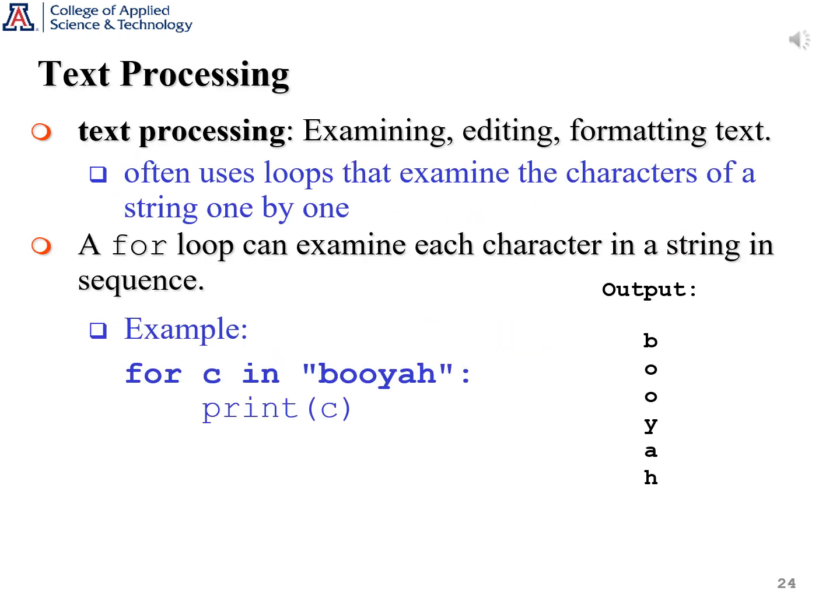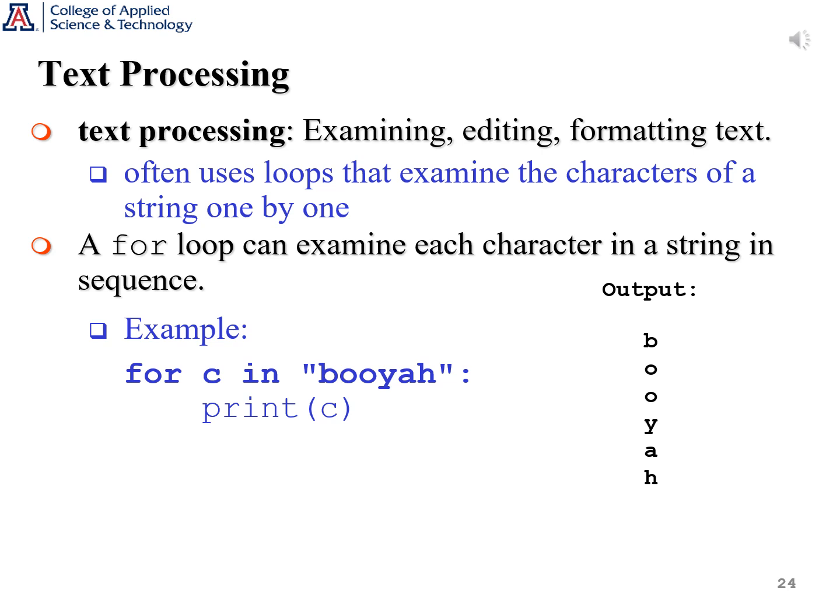So let's get into text processing. A for loop processes each character in a string literal or a list. Each character in turn is assigned to the loop variable and the body of the loop is executed. For loop statements are frequently used to process text or strings.